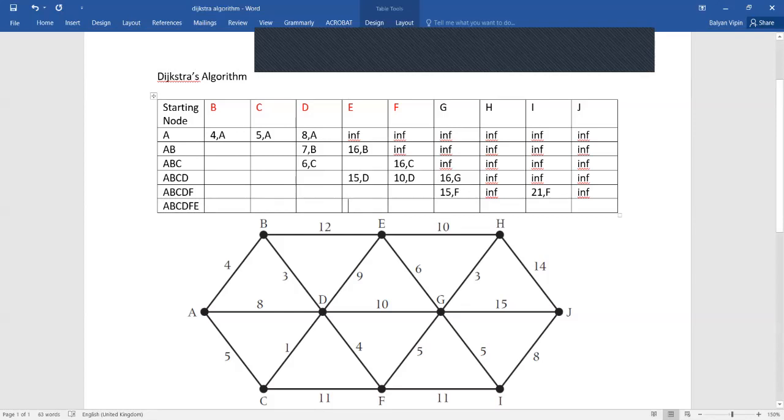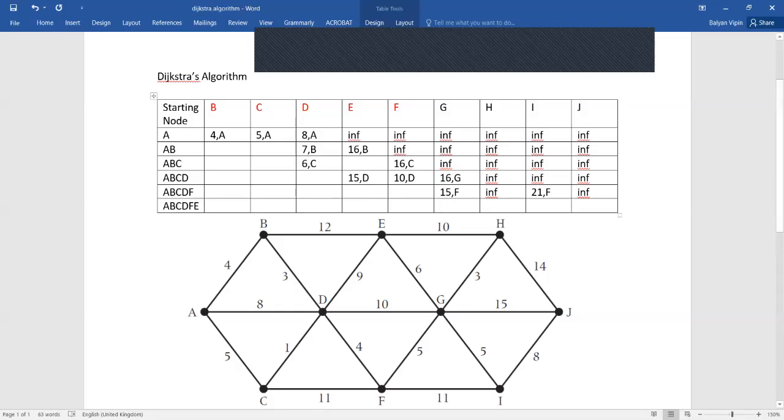So E to G and E to H. What is the cost from E to G? E to G cost is 6, and the cost to reach E is 15. So what is the total cost? It will be 21, which is having a higher value. So we will not change it. We will leave it like that.